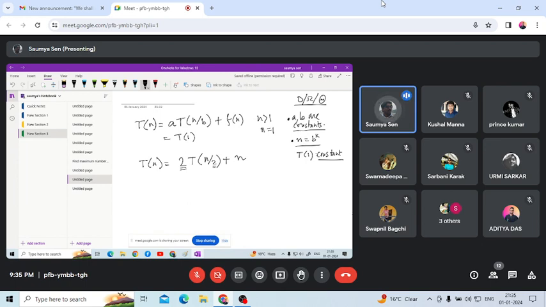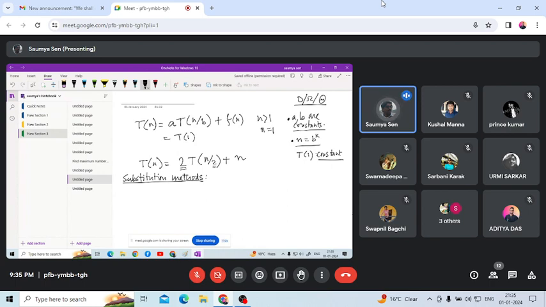Then we solve this type of recurrence by a method known as the substitution method. There are many methods. These are very important when you analyze the time complexity or space complexity of an algorithm.